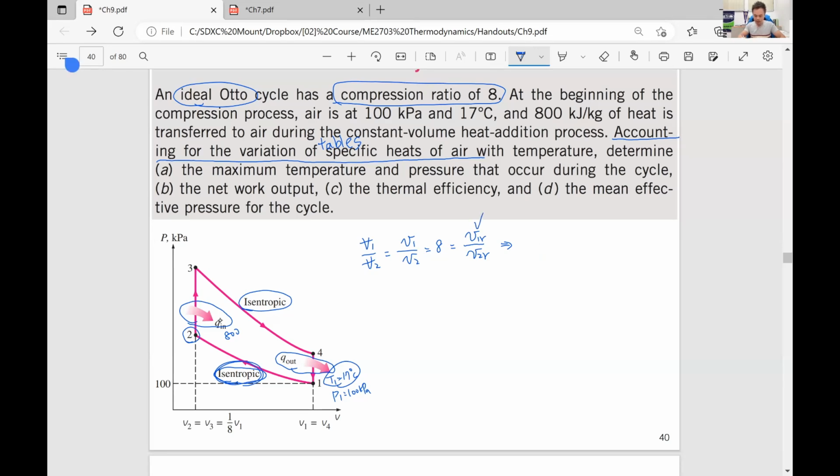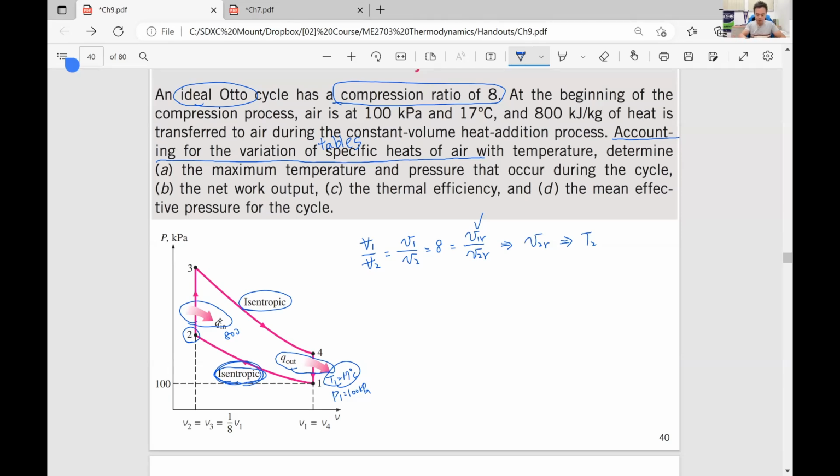V1R is known, so we can get V2R. Just like I said, once we know the relative specific volume, we can use the table to find the temperature, because relative specific volume is a function of temperature only. So now we know T2.